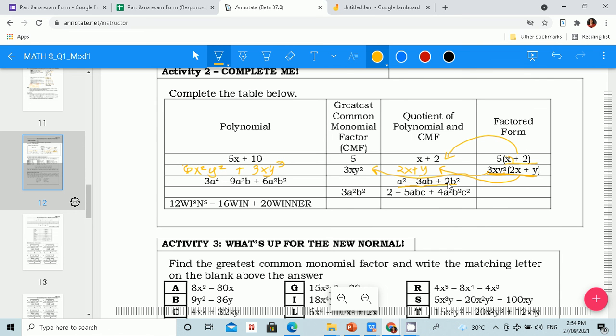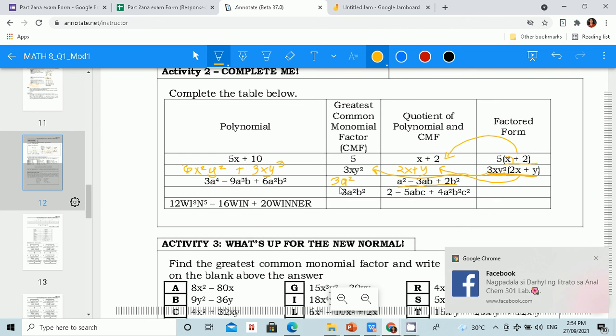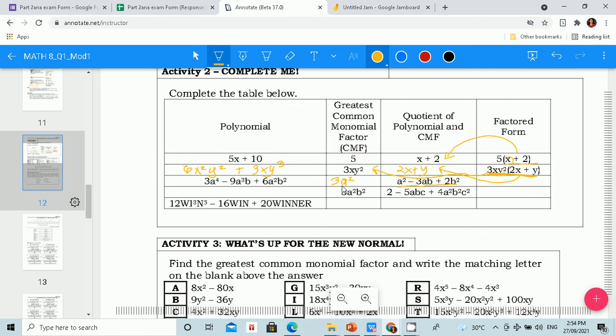How would we do that? We have the GCF here of 3a squared. So 3a squared times a squared gives 3a to the 4, minus 3a cubed times b, plus.